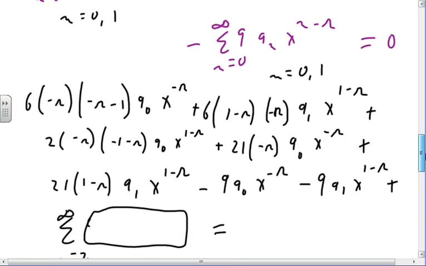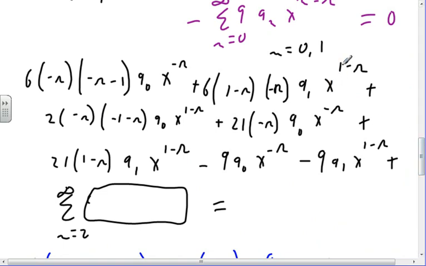So if I use the x to the 1 minus r term, then I have an a1 and an a0 in the x to the 1 minus r term. Where's the other guy? Right there. And so I have an a1 and a0. I can't get rid of both of them.